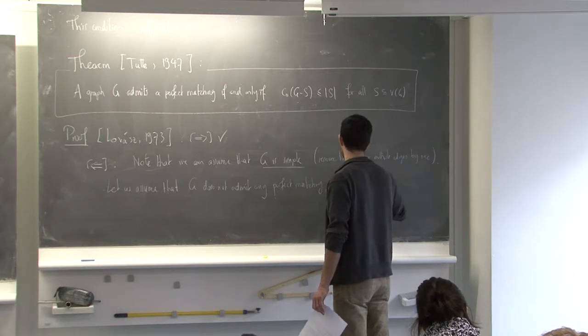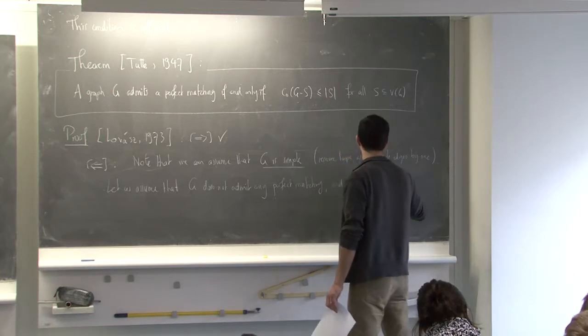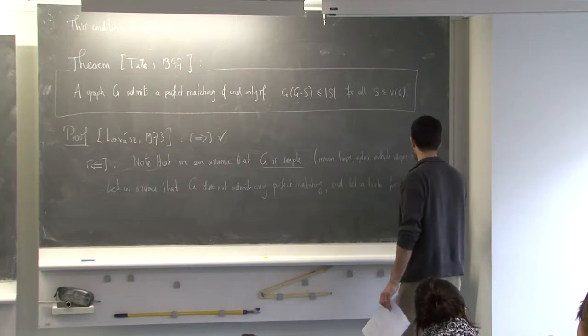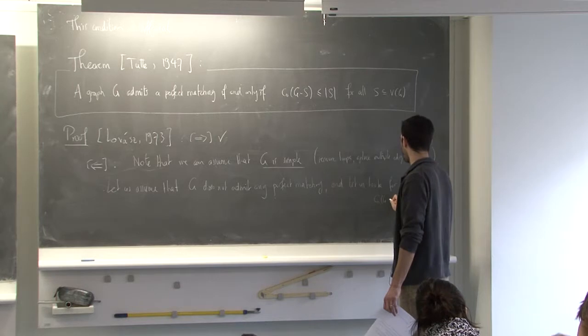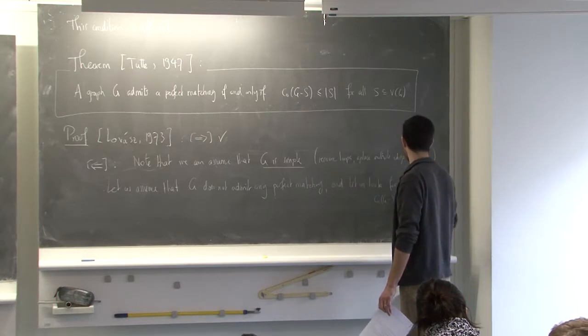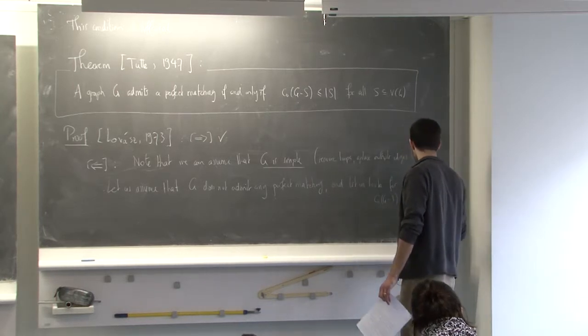And let us look for S such that c0(G − S) is strictly greater than |S|.